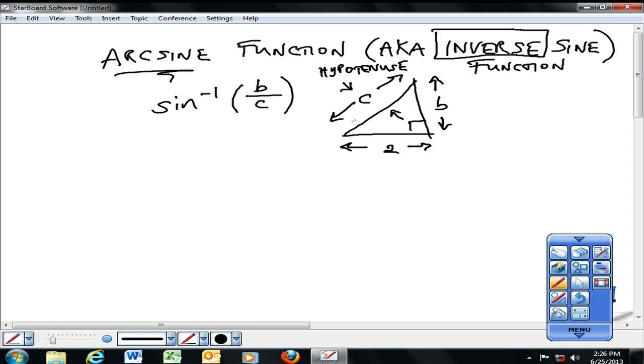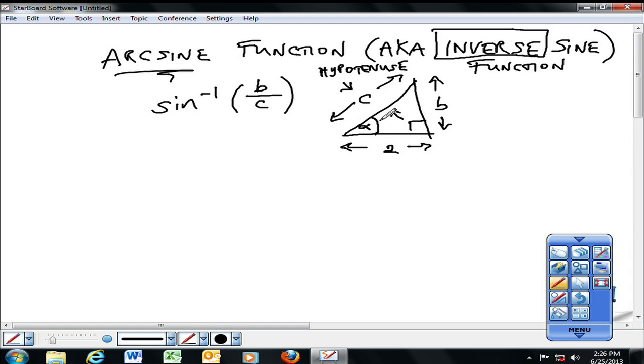So these are simply the lengths of these sides: C, our hypotenuse, length B, and length A. Now let's talk about this angle. Take a look, it's the angle that happens to be right smack in between, adjacent to A and the hypotenuse.